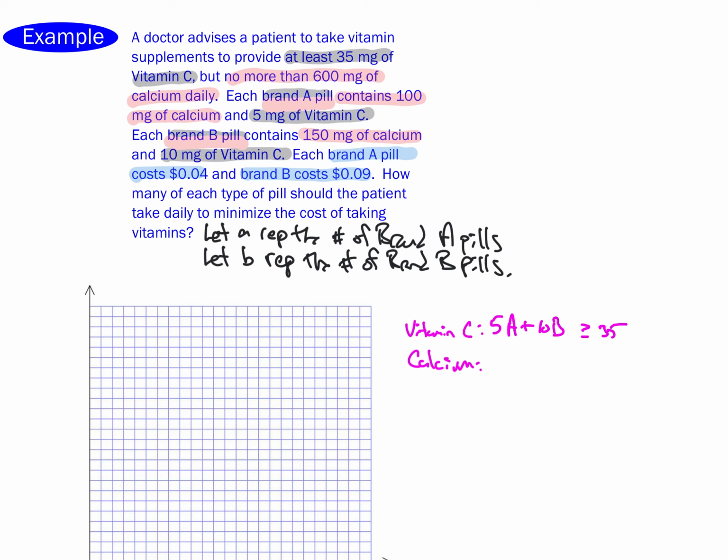For calcium, we want calcium to be no more than 600. Brand A contains 100 milligrams of calcium, so that's 100A, and the brand B pill contains 150 milligrams of calcium. So there's our two inequalities. And of course, we also know that A is greater than or equal to 0 and B is greater than or equal to 0. You can't have a negative number of pills.